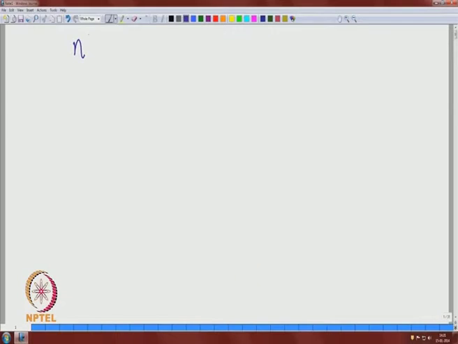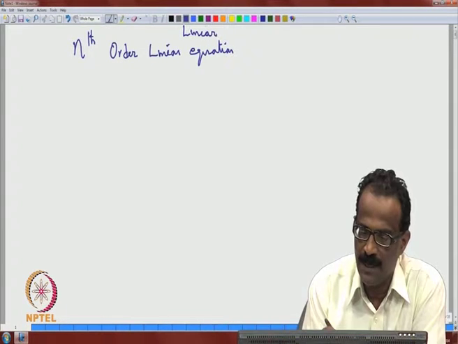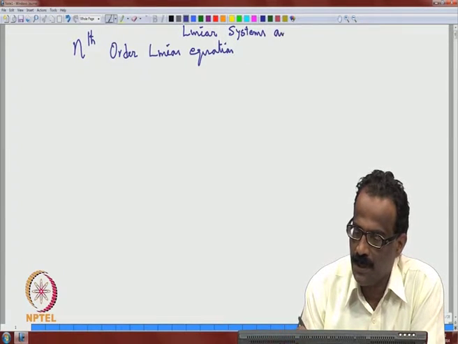We can also consider the nth order linear system, and what we will see quickly now is that every nth order linear system is a special case of a general first order system. Let us look at nth order linear equations. Before that, let me give a title to this module: linear systems and qualitative analysis.